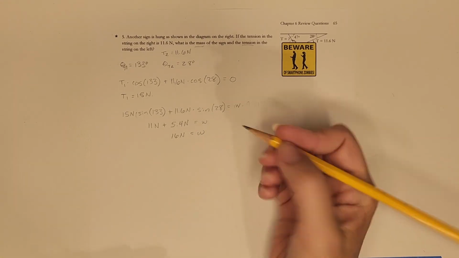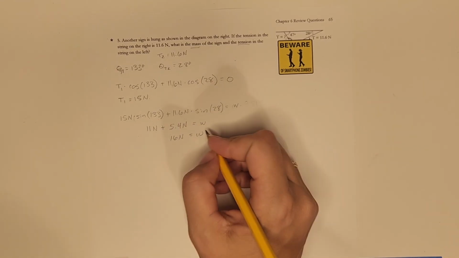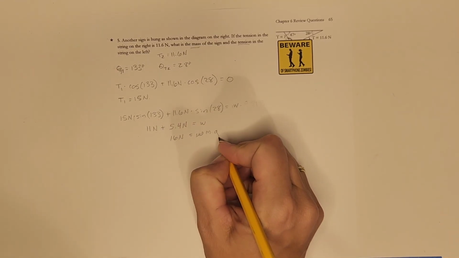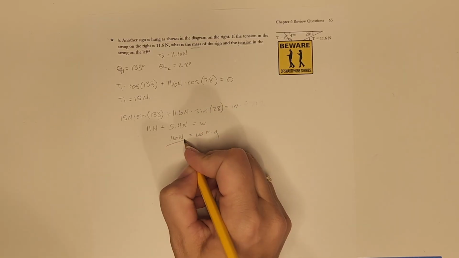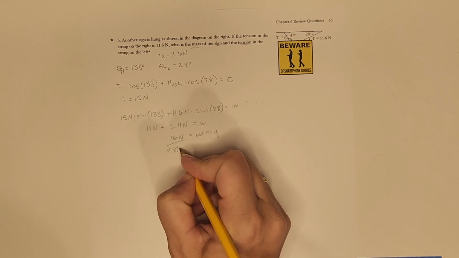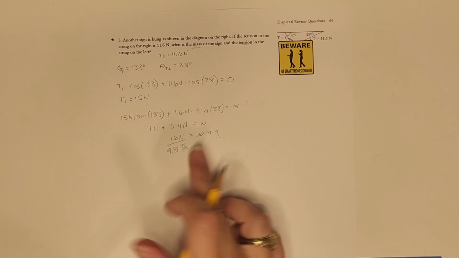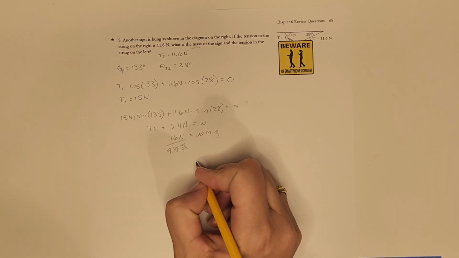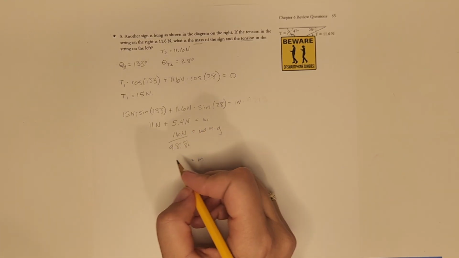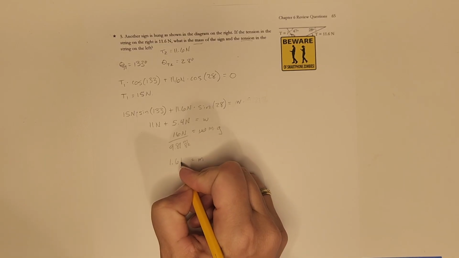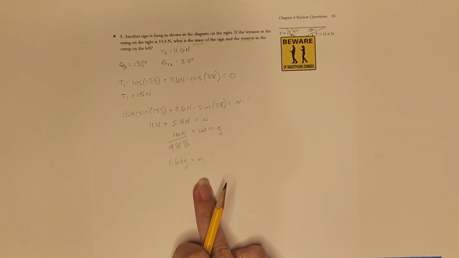So now weight equals mass times gravity, right? And so now I'm going to divide this by 9.81 meters per second squared. And so that's going to give me the mass. And I will get 1.6 kilograms as the mass of the sign.